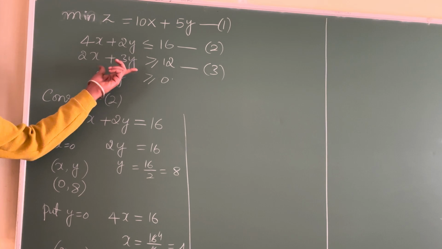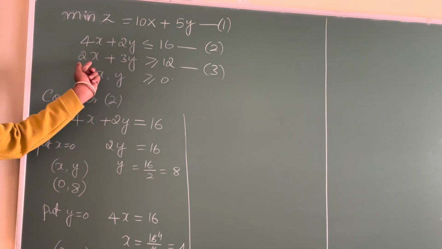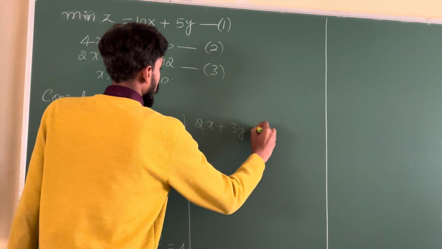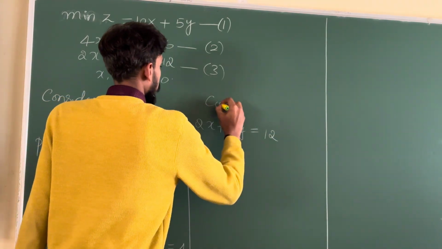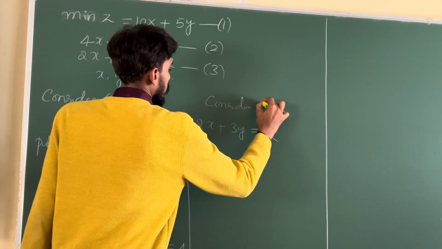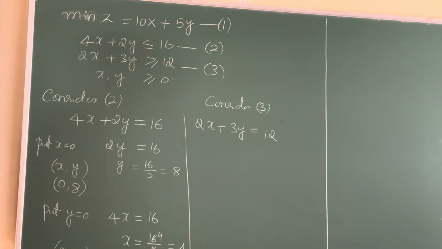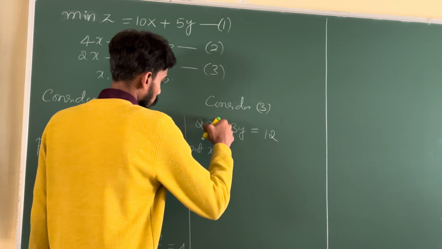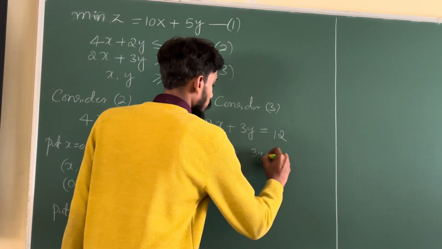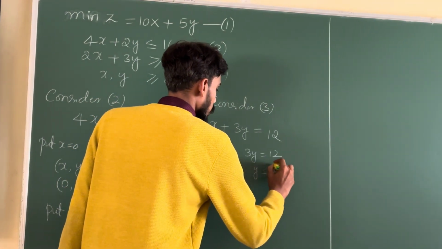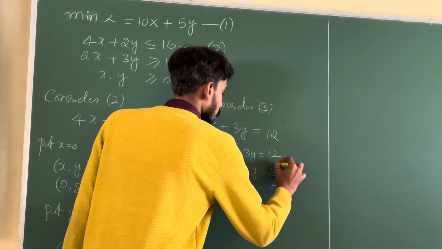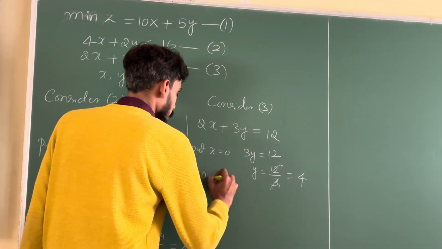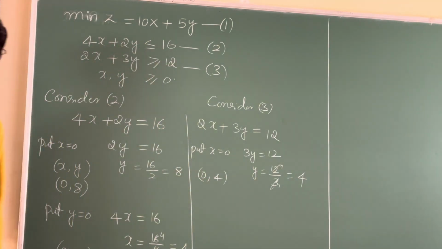Similarly, we have to obtain the points using the equation 2x plus 3y equal to 12. Consider this as 3. The same procedure. Put x as 0, so it becomes 0. Then I remain with 3y equal to 12, y equal to 12 by 3, that I got as 4. In the form x comma y, it becomes 0 comma 4.